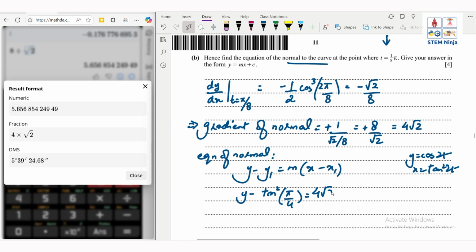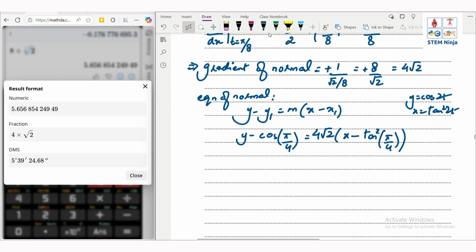Gradient is 4 root 2 times x minus tan squared pi by 4.